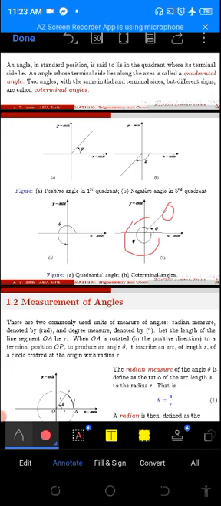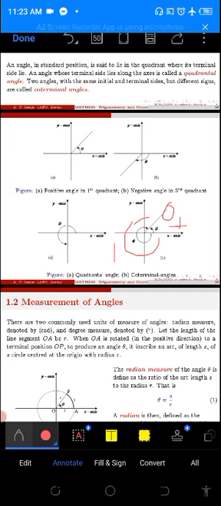Theta is in the anticlockwise direction, meaning theta is positive, but phi is in the clockwise direction, and so it is negative. They have the same initial and terminal sides, so they are called coterminal angles.